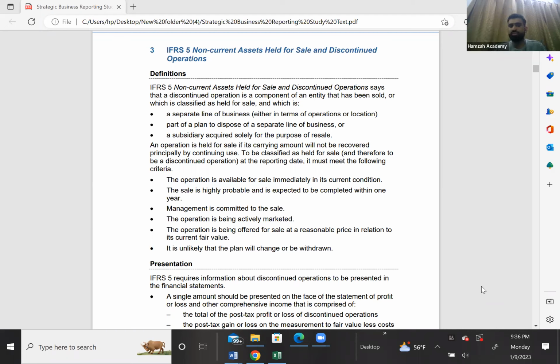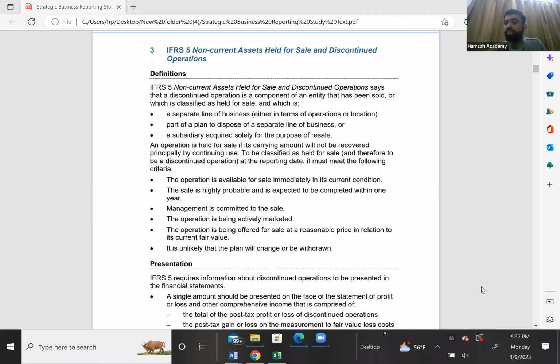But for held for sale assets, the assets classified as held for sale should be presented below the current assets with a separate heading of held for sale in the statement of financial position. The assets classified as held for sale will no more be depreciated. We will not depreciate such assets.